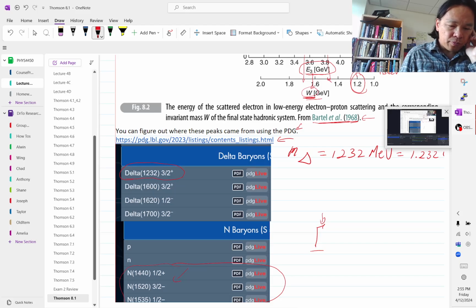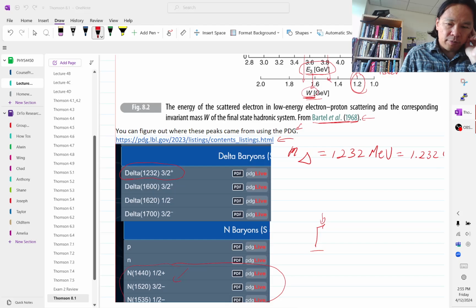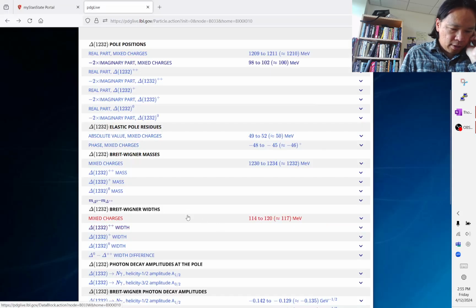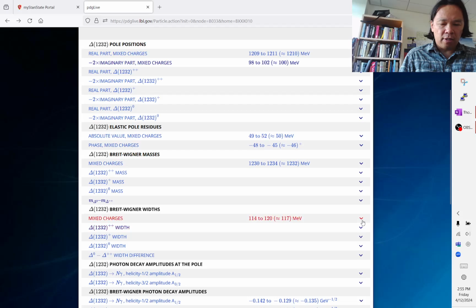The width for this delta particle, which is not stable, tells us it has some decay to it. Can we figure out how long it takes for it to decay? By knowing the width, you can. They tell you the width is 117 MeV, and this is known as the mixed charge result.